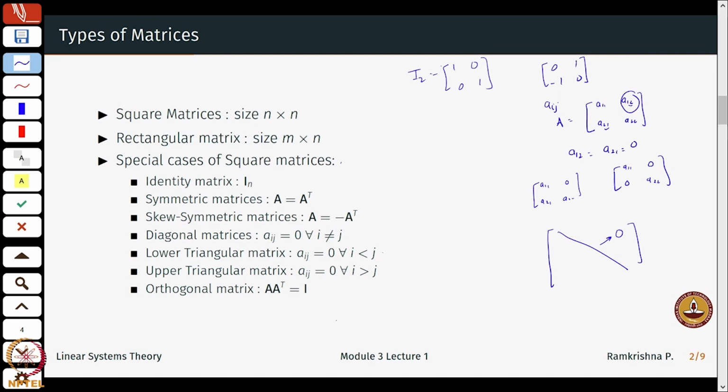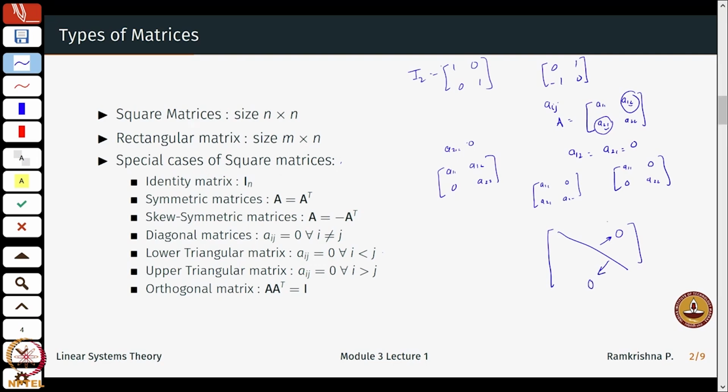Similarly, in an upper triangular matrix, A_ij would be 0 for all i greater than j. So, this is a case when A21 would be equal to 0, and the upper triangular matrix would look something like this: A12, a 0 here, and A22, and we are not really worried about what is sitting on the diagonal. In an upper triangular matrix, all the entries to the left of the diagonal are 0.